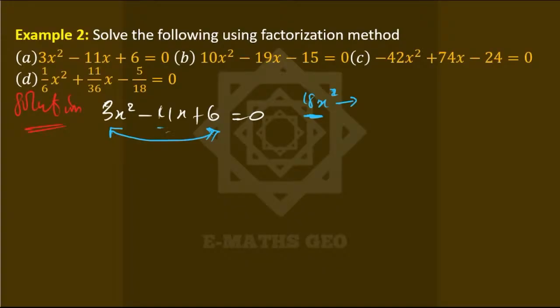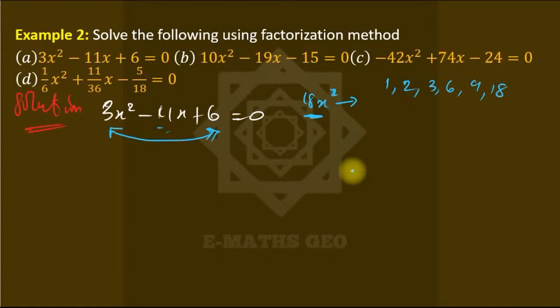You get the logic. Multiply these 2 terms to give you a term, like for this first one, 18x squared. You now split this into 2 factors, something x and another thing x, so that if you add it up, it will give us minus 11x. You can see that 18 has a lot of factors, which are 1, 2, 3, 6, 9, and 18.